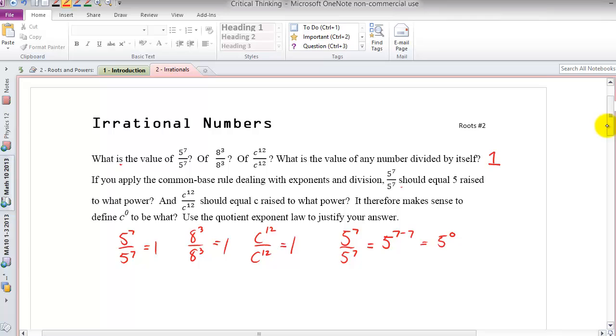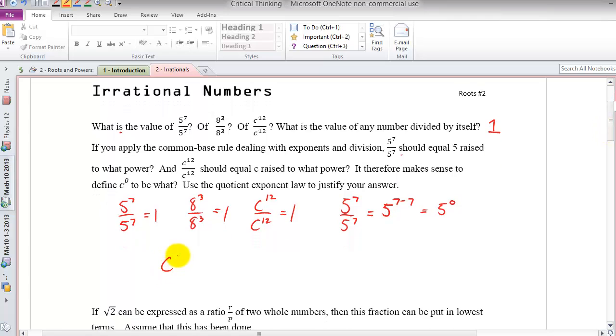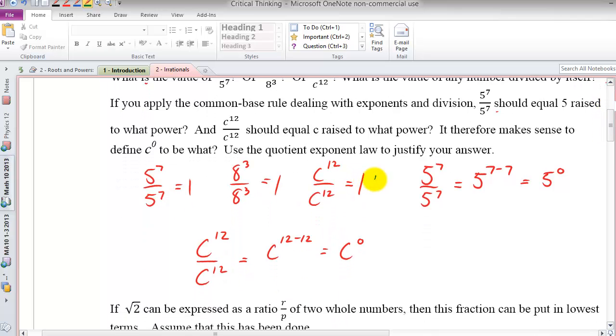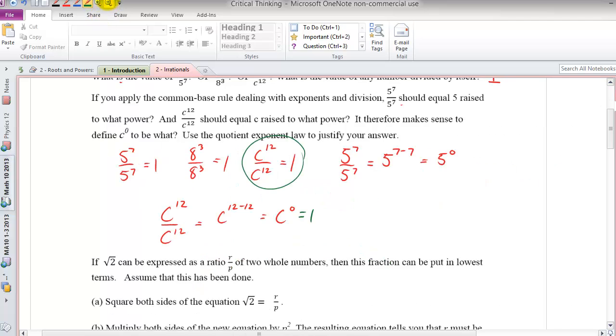We can do the same thing for c to the power of 12. That's equal to c to the 12 minus 12, which is c to the power of 0. And that number, we've already said is equal to 1. So that's a justification for why anything raised to the power of 0 is 1.